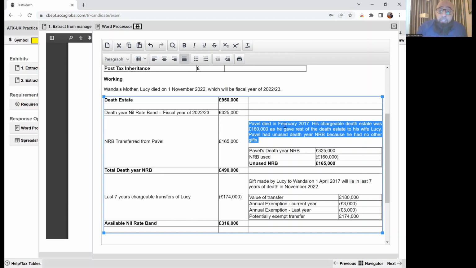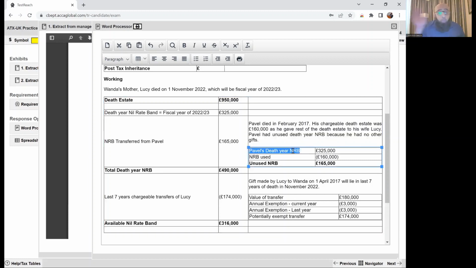Pavel died in February 17. His chargeable death estate was 160,000, as he gave the rest of the estate to his wife, Lucy. Pavel had unused death year NRB because he had no other gifts. Since no other NRBs are given in the question, like the NRB of 2016-17, we simply pick 325.